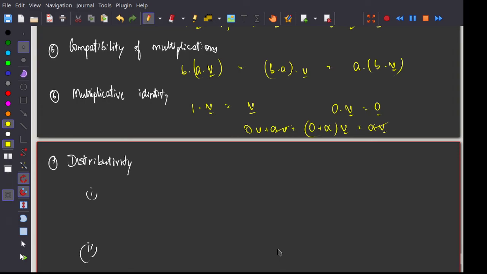So now you also want some distributivity properties to hold. So if you add two field elements and multiply it with a vector, then it should be the same as doing a times v plus b times v. Similarly, if I multiply it with a sum of vectors, it will be equal to a times u plus a times v.